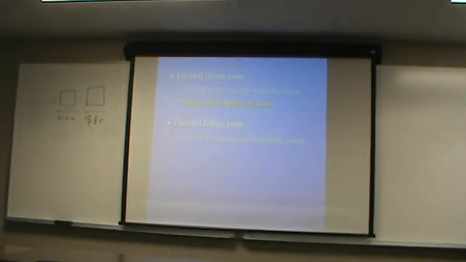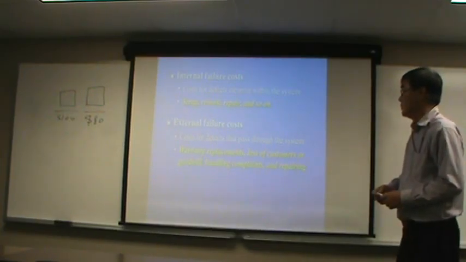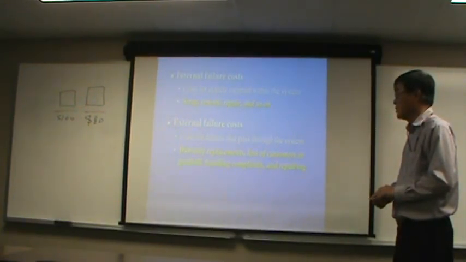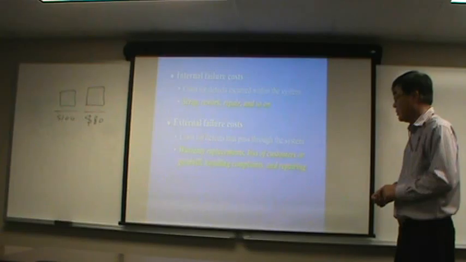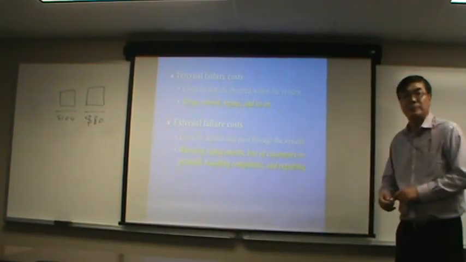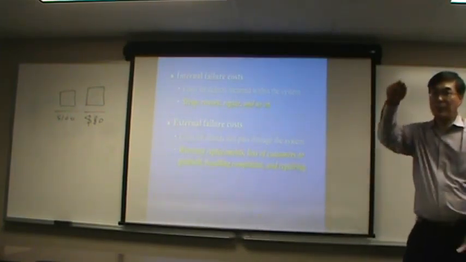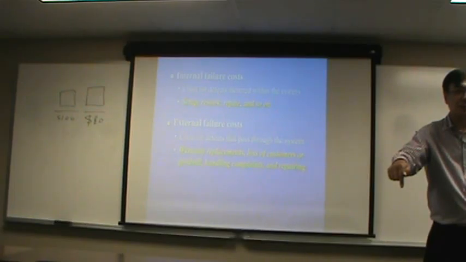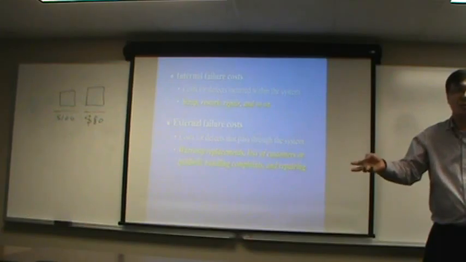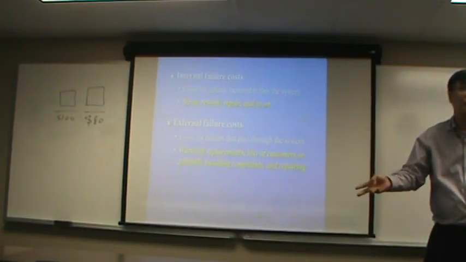That is external failure cost, for defect that goes outside the system: warranty, replacement, loss of customers or goodwill, handling complaints, and repairing. After that, the reputation gets lower, and then we lose customers, that is opportunity cost, and so on.